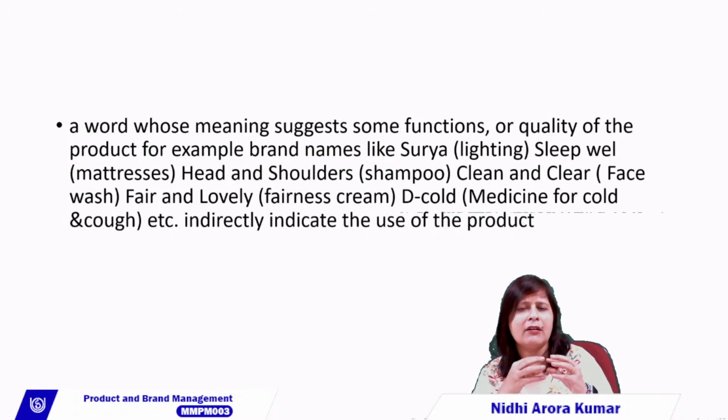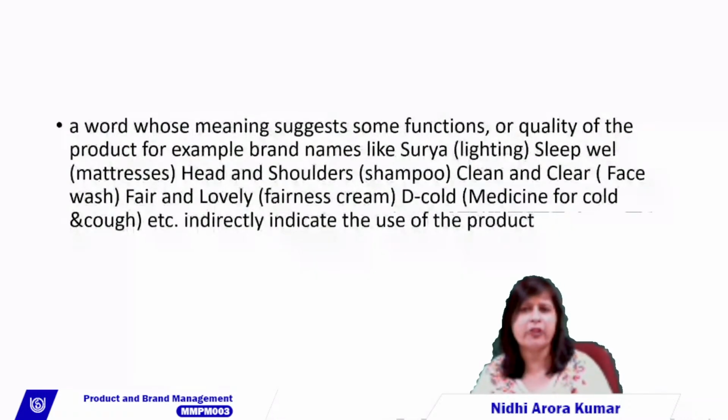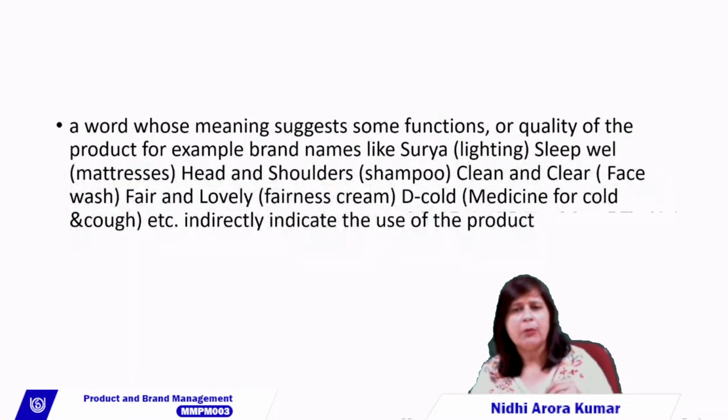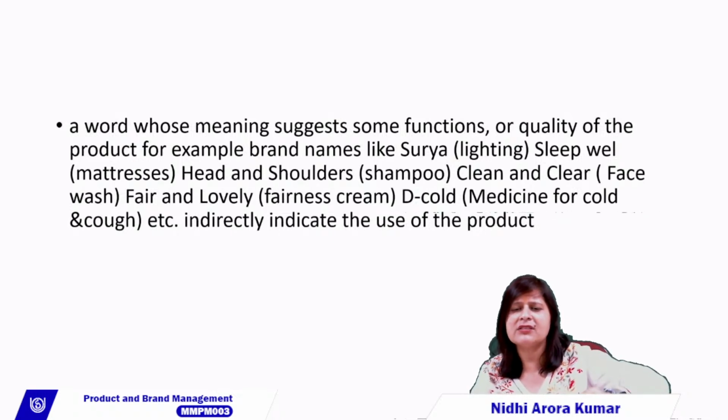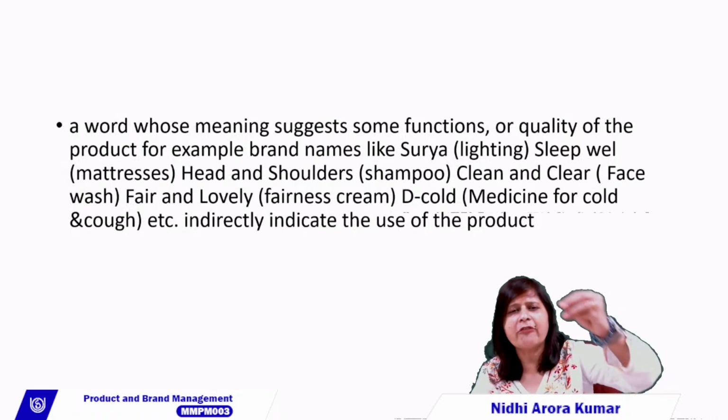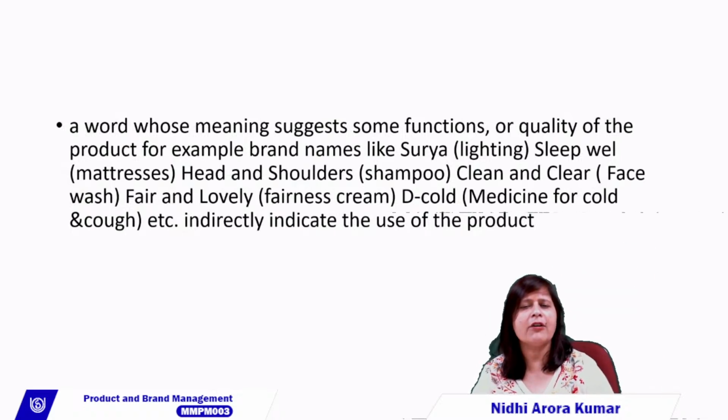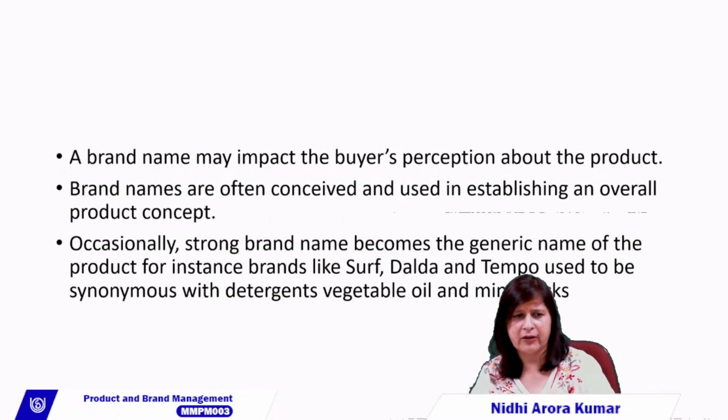It's lighting, right? It directly indicates the use or the function of the product. So a brand could be a word or a term that has a meaning or suggests some functions or attributes or the quality or uses of that product, right?